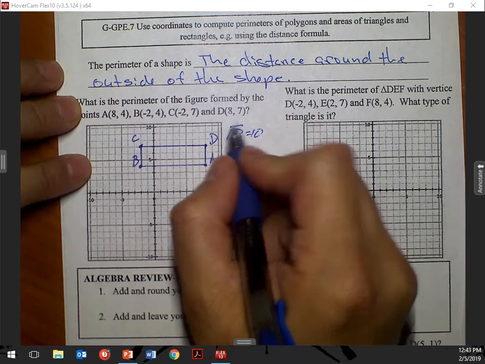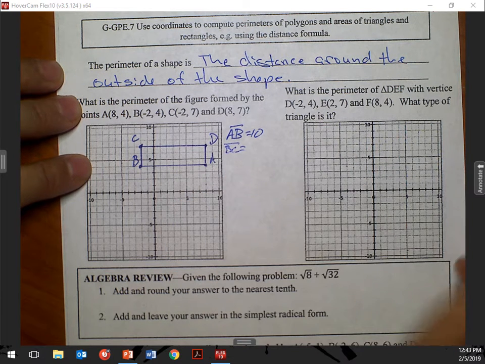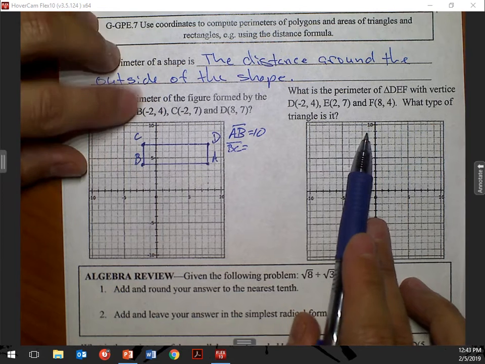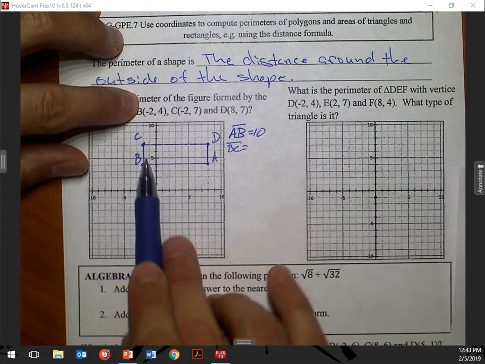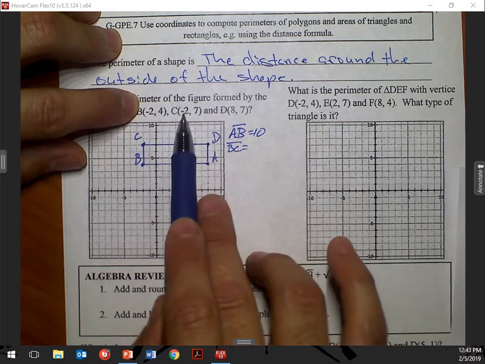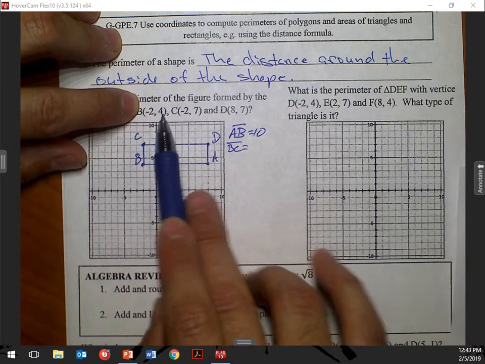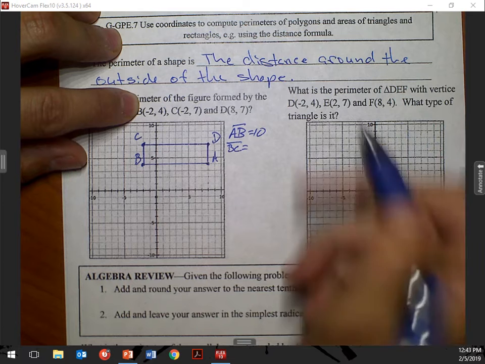Okay, let's do the next one, BC. From B to C, how far? 1, 2, 3. If I'm looking at my points right here, I have negative 2 here, but how far is it from 4 to 7? There's my 3, right?